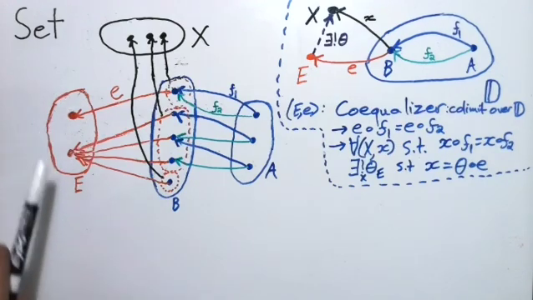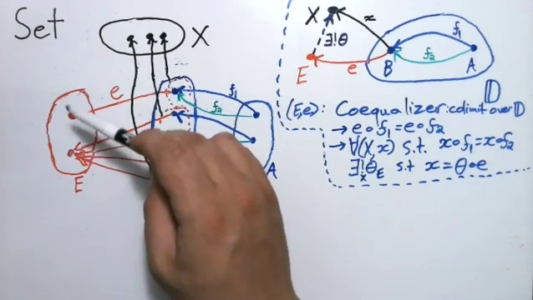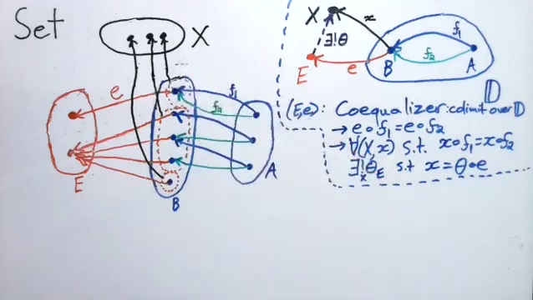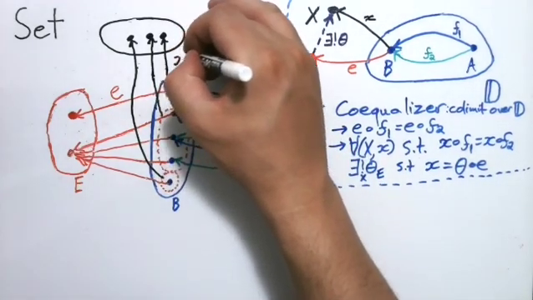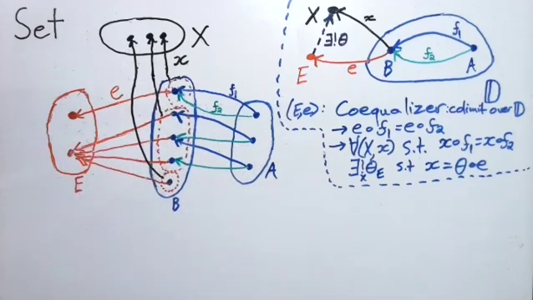Well, there's only two elements in E, and we need a mediating morphism that's going to go from E to X, where this is little x, such that x equals theta after E.